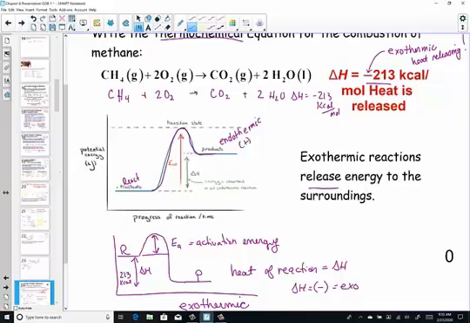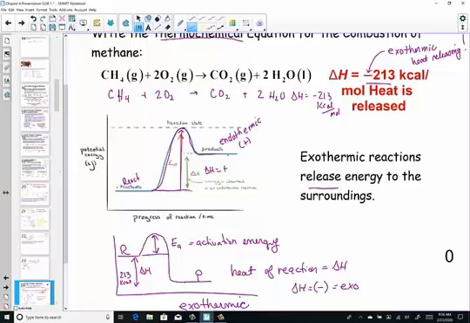So the activation energy, again, from the point where you see the reactants up to the very top of the hill, that's called the activation energy. How much energy is needed to start the equation? Since the products are of higher energy than the reactants, the delta H here, the heat of the reaction, comes out positive. So we'll compare those graphs in an exo and endothermic process.